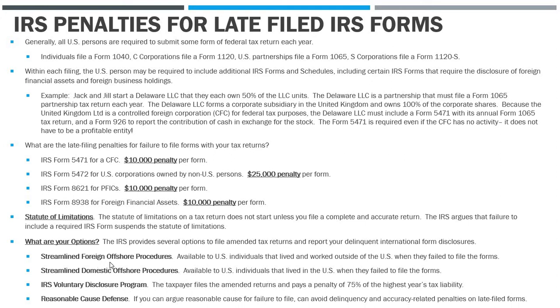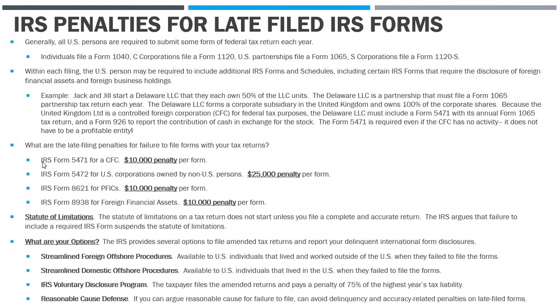You have your streamlined foreign offshore procedures and your streamlined domestic offshore procedures. So the foreign one is available to U.S. individuals that were living and working outside the U.S. when they failed to include these forms. So, for example, if you're a U.S. person and you're living and working in, let's say, France, and while in France, you filed your 1040, but you failed to disclose that you opened a French corporation.